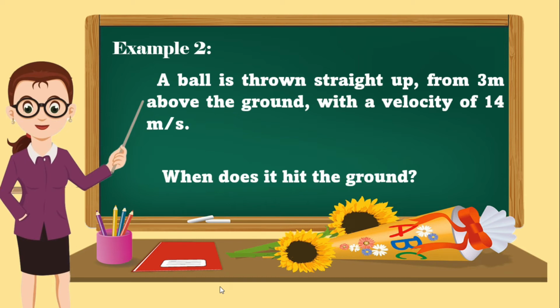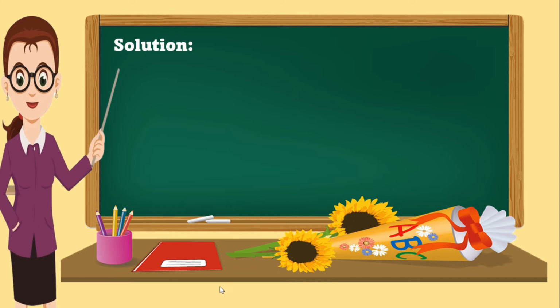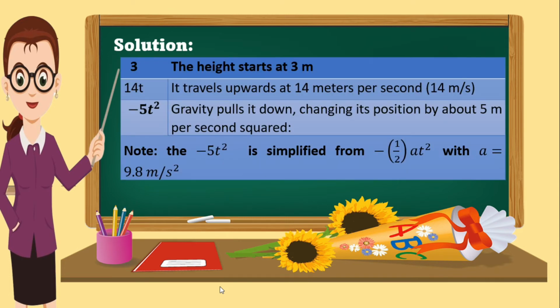Alright, so let's solve it together. From the problem, we gathered this data. The 3 is the height, it starts at 3 meters. 14t is its travel upwards at 14 meters per second, or 14 m/s.